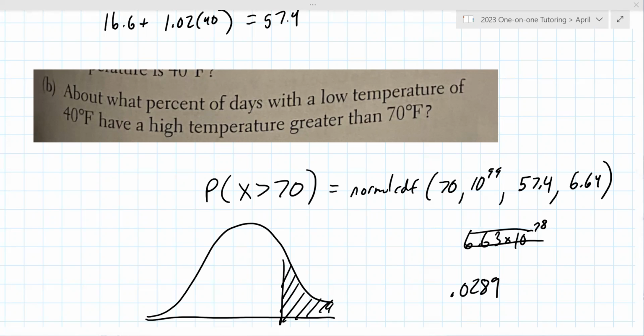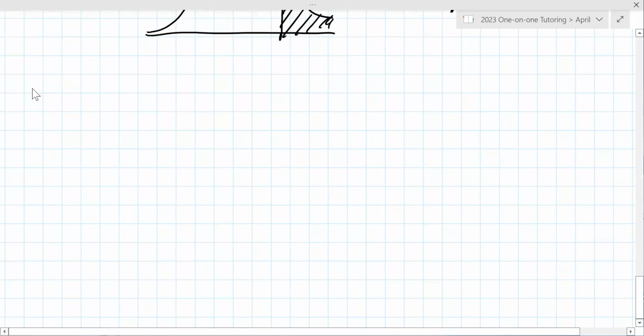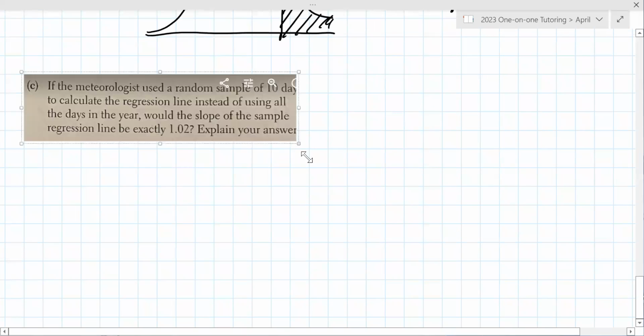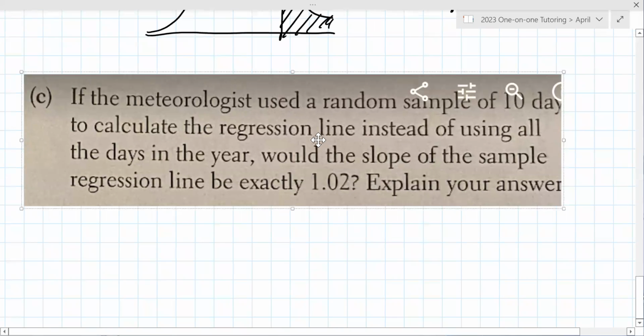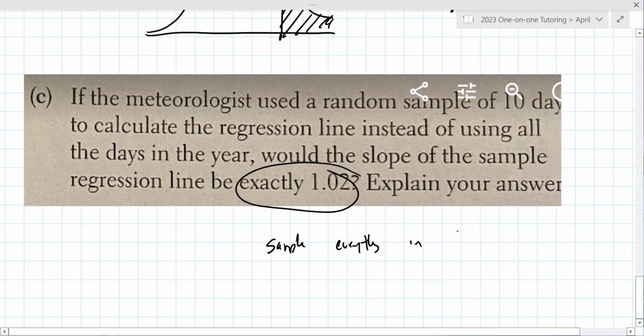So C is the exact same question we got for 65. It's the same answer. They're asking you, will the regression line of the sample actually be 1.02? The only way you get exactly the slope is if you sample everything in the population, or you're just lucky, a small chance.